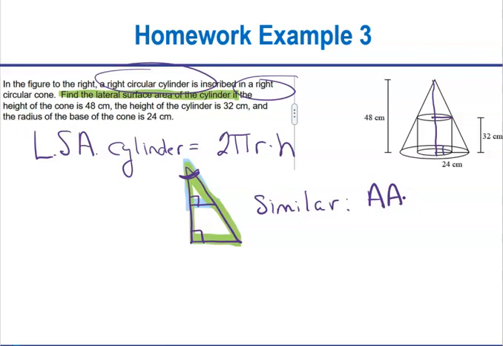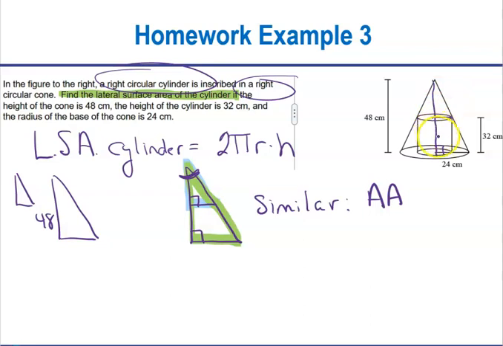Well, we can compare, right? So let's draw separately our smaller triangle versus our bigger triangle. Our bigger triangle has a height of 48. Our smaller triangle, do we know the height? Well, look, over here in our picture, we know our cone is 32, right? So this is the part that's not in our cone.